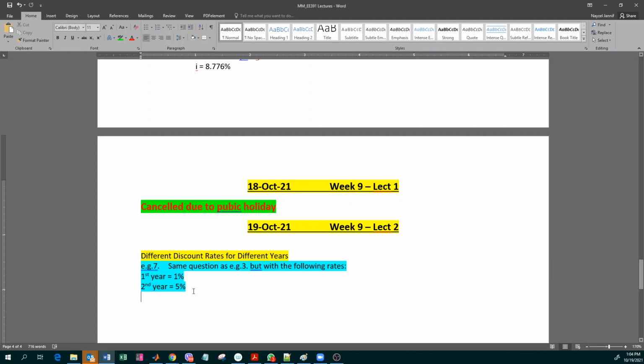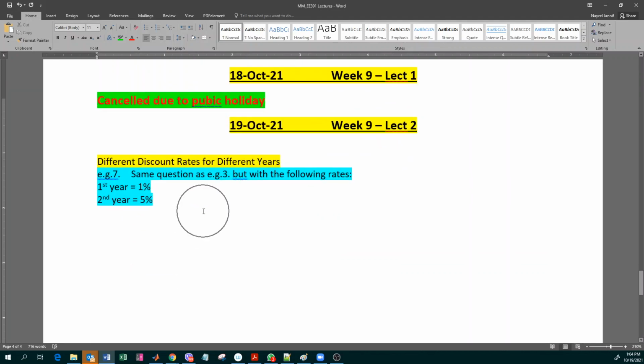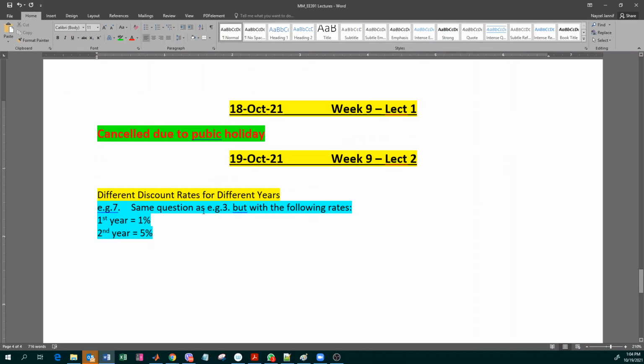Let's look at this question. We were continuing on from the previous tutorial, and remember, most of the time we'll be doing lots and lots of important examples. Let me zoom this in. I hope you can see my Microsoft Word document.